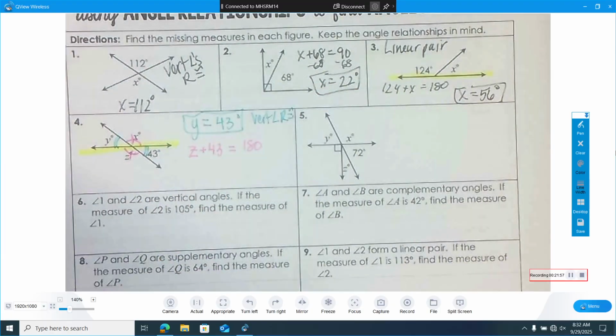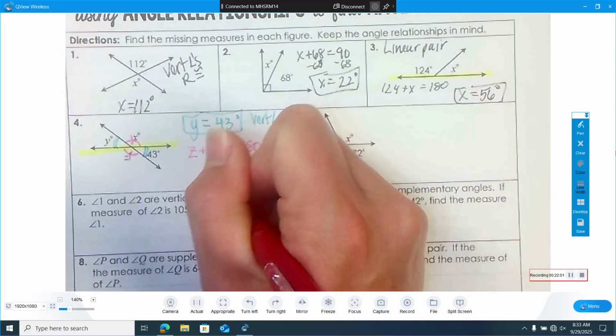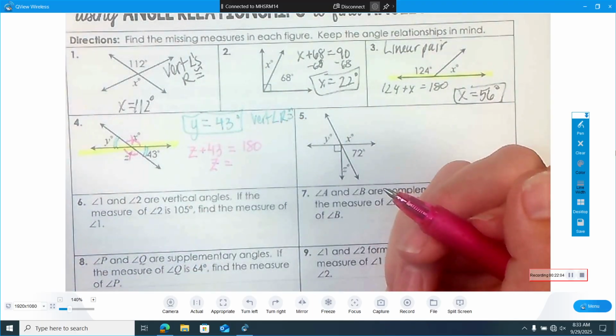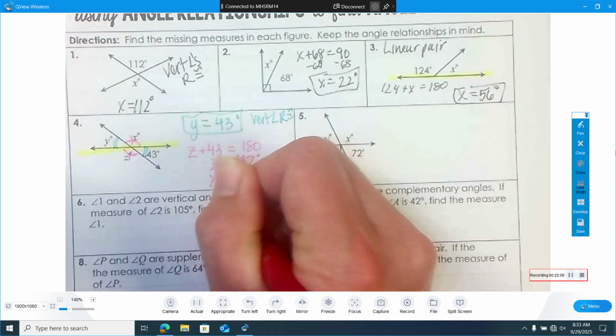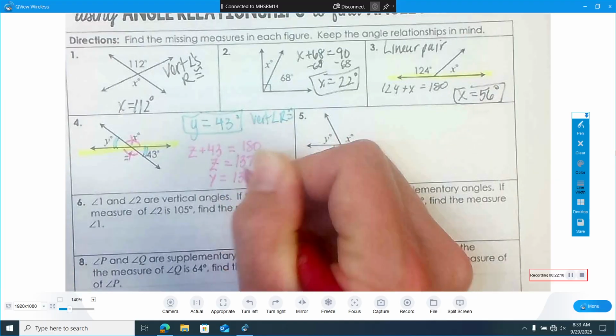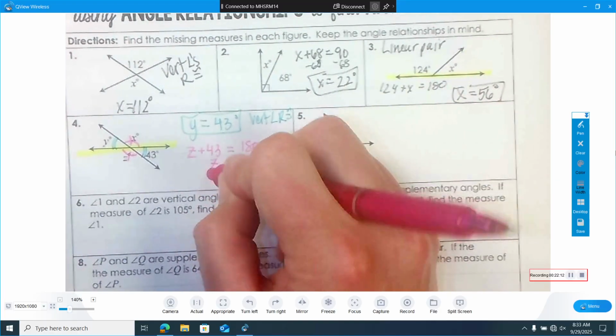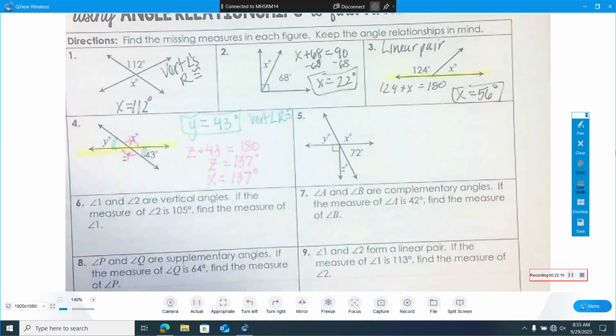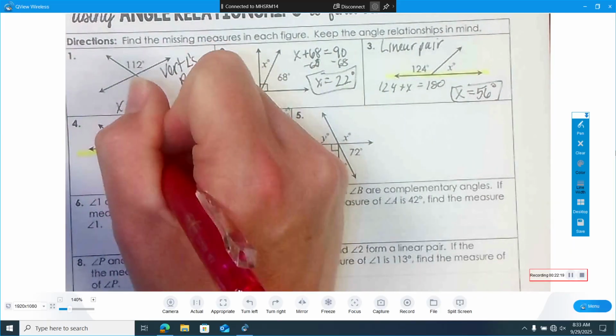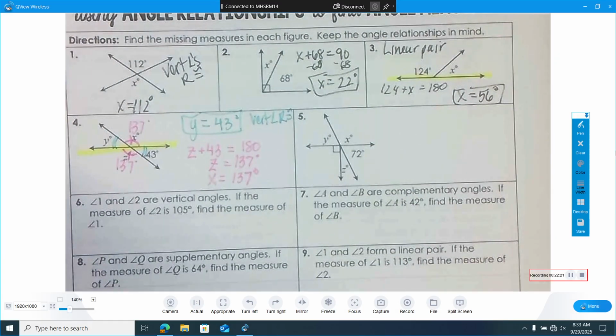So we know that they have to equal 180. Beautifully said. If I subtract 43, that means Z must equal 137, and that must be the same as X. I already solved for Y. 137 as well, because they're congruent. Excellent. Good job. Let's look at number 5.